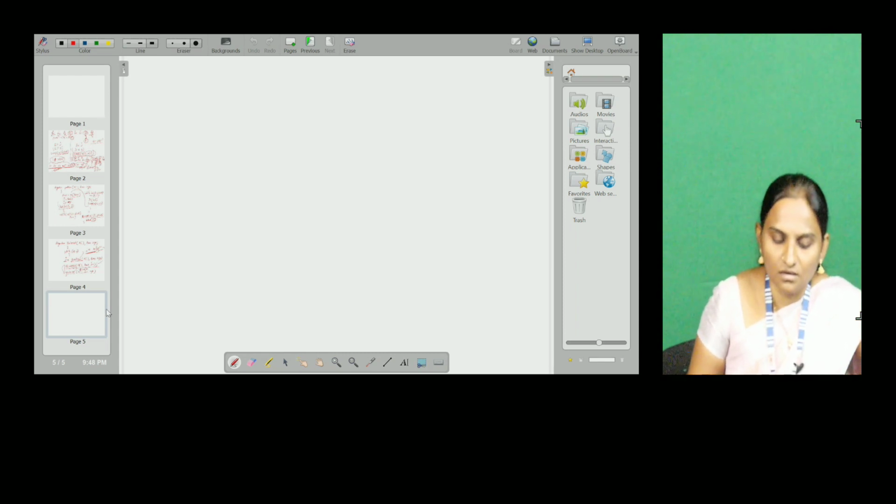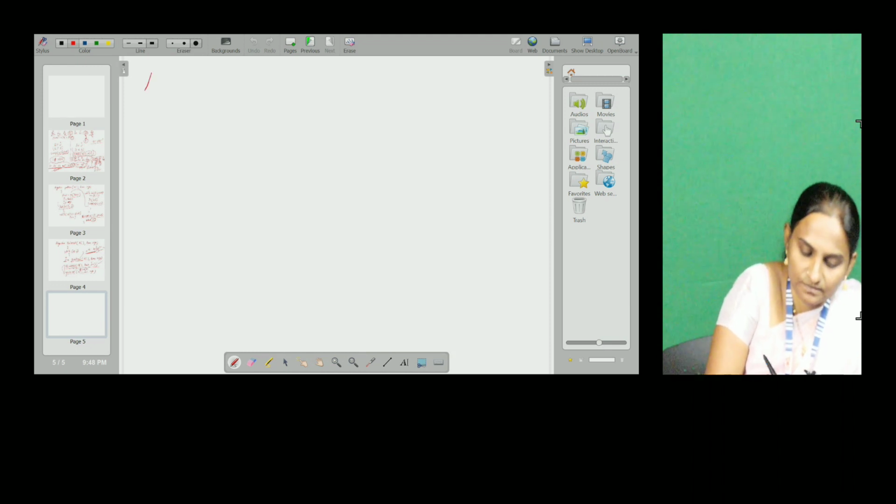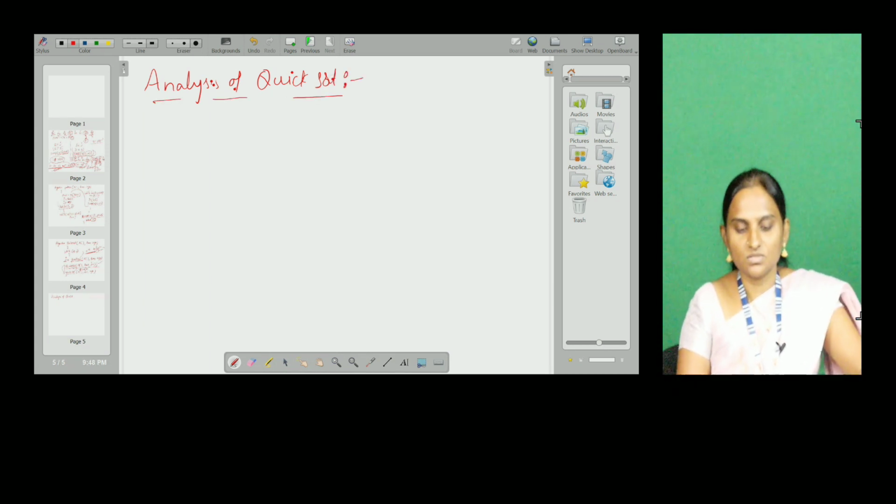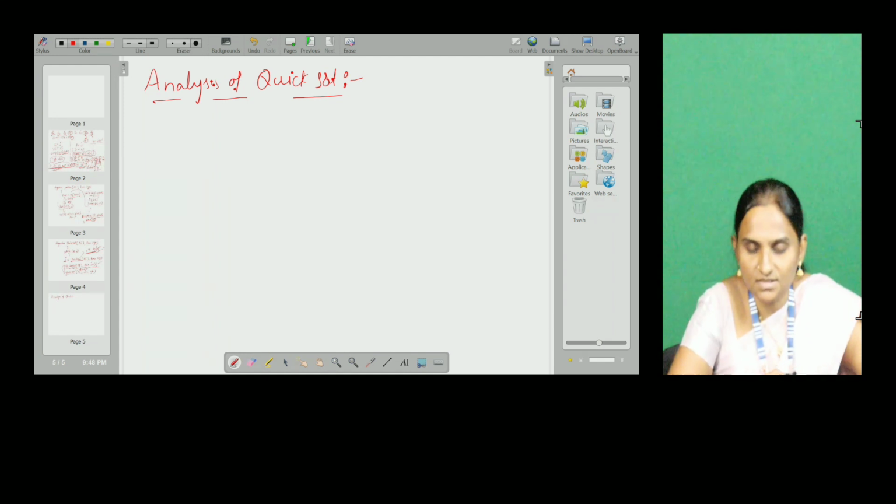And next one, analysis of QuickSort. So what is the analysis of QuickSort? Analysis means we have to compute the time complexity.